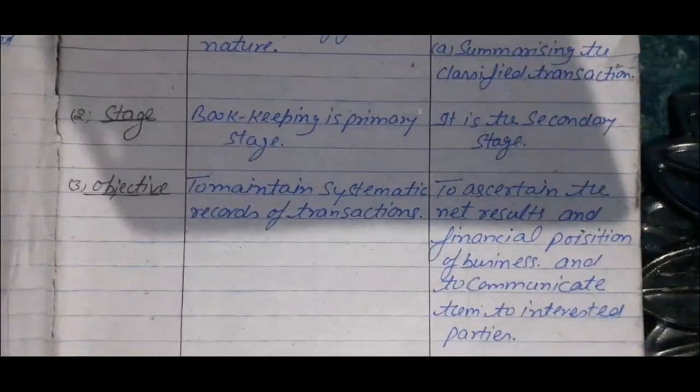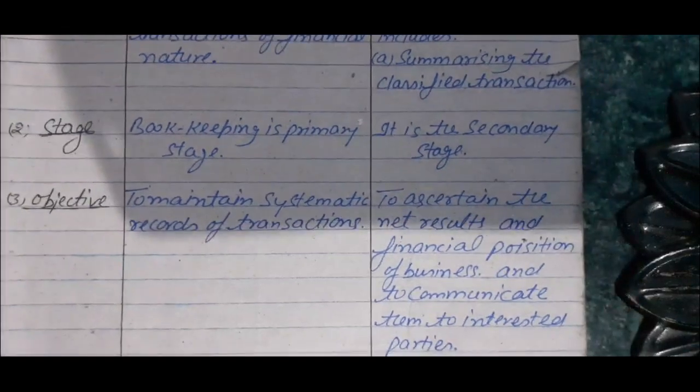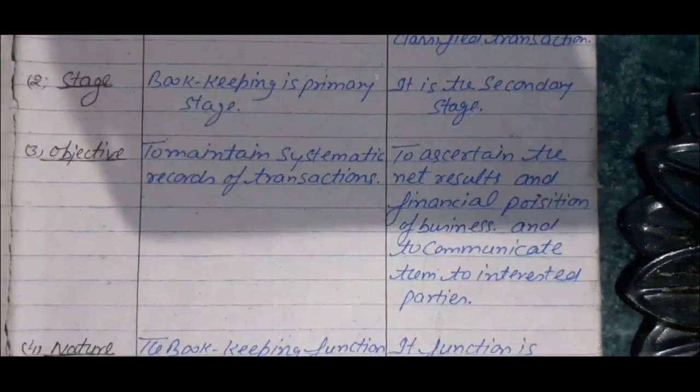Third, objective. The objective of bookkeeping is to maintain systematic records of transactions. So according to bookkeeping, we maintain all the records in a systematic manner. In accounting, the objective is to ascertain the net result and financial position of the business and to communicate them to interested parties.